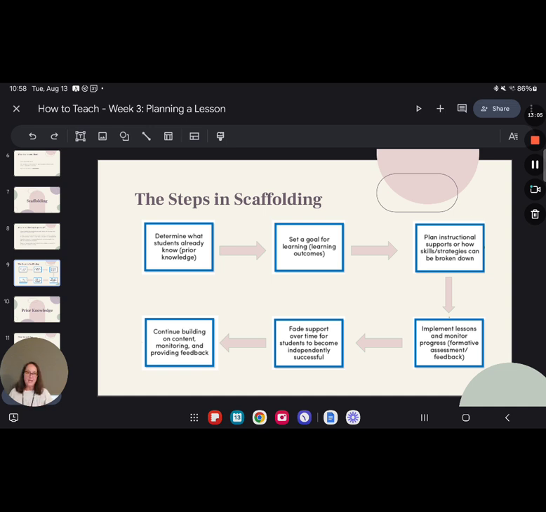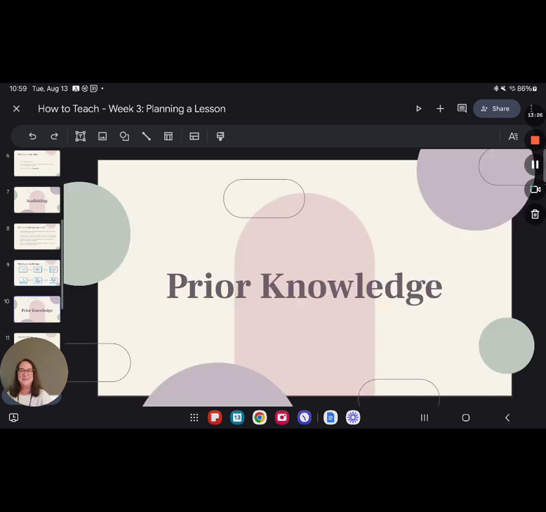So you're fading your support over time, so that students can try out on their own, becoming successful independently in that practice of that skill. And like we said, that last step is continuing to build on that skill so that students can become stronger in what they do.